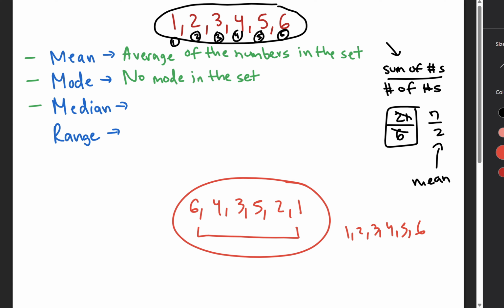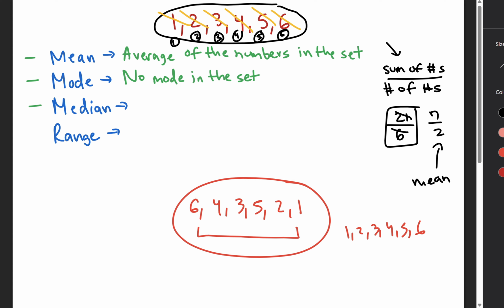Now, to find the median, we need to find the number in the middle. One way to go about this is by just crossing out numbers on each side of the set until you're left with the number in the middle. So we're going to do this right now, in yellow. Cross this out, that's 1, cross 6 out, cross 2 out, cross 5 out, cross 3 out, cross 4 out.